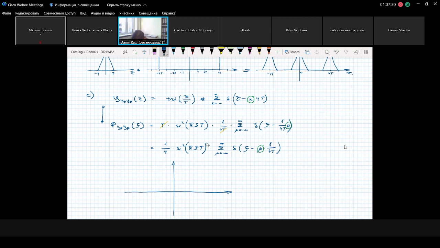So first we start with this sinc square function.